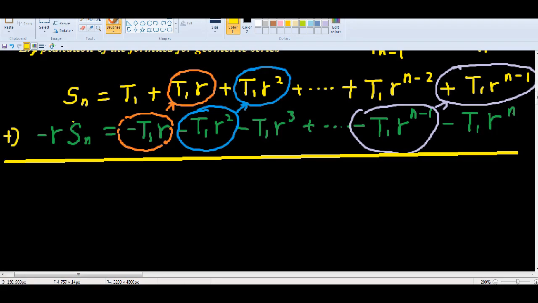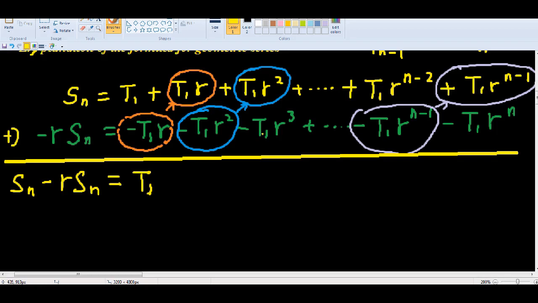On the left hand side it is Sn plus minus R Sn, so Sn minus R Sn, right? On the right hand side, T1 is here, but T1R would be cancelled by that minus T1R, and T1R squared will be cancelled by that minus T1R squared.